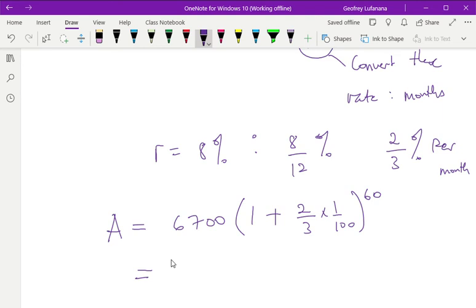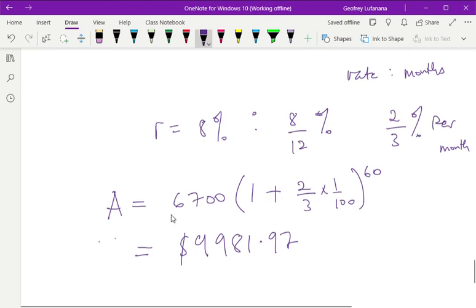Okay, so pressing it on a calculator, that would yield 9,981.97. These are dollars.